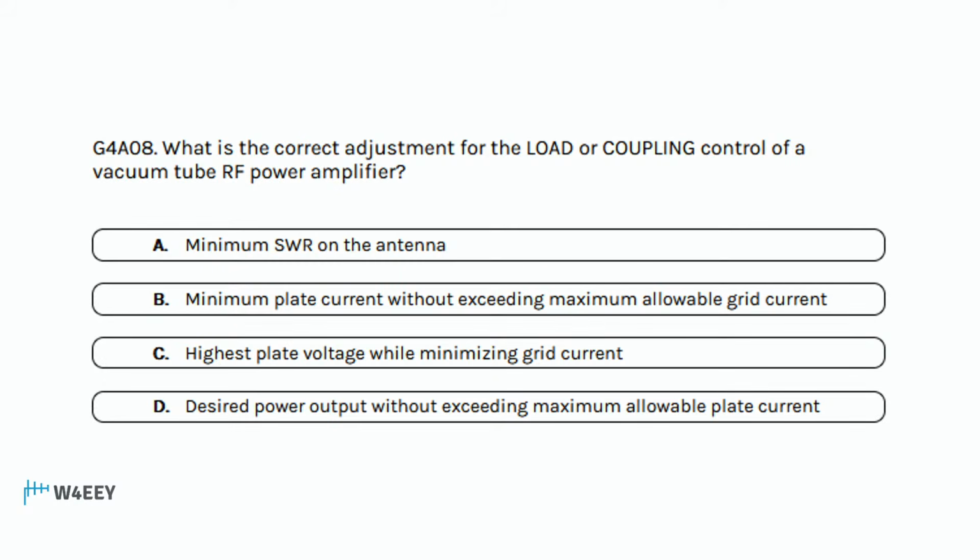That's the other variable capacitor. Bravo. Not Bravo. Delta. It is delta. You adjust for the desired power output or the maximum power output without exceeding maximum allowable plate current. And each tube will have a rating for the maximum allowable plate current. It'll be in the book, the instruction manual.